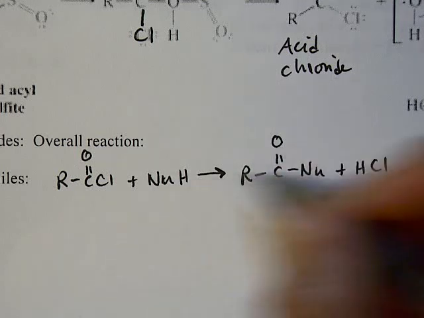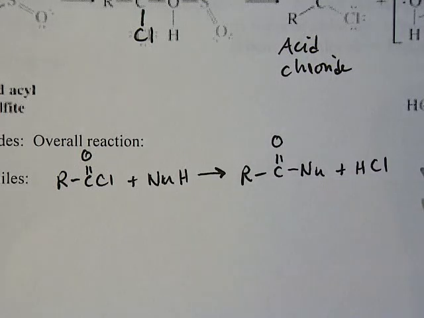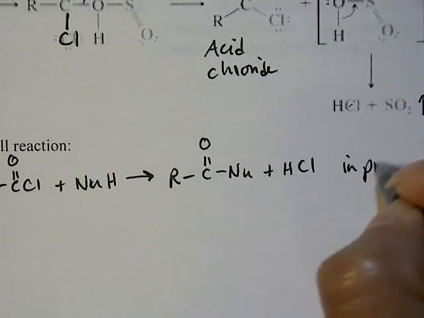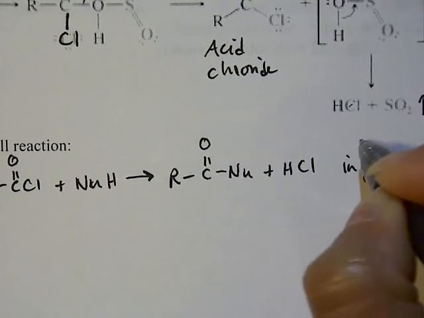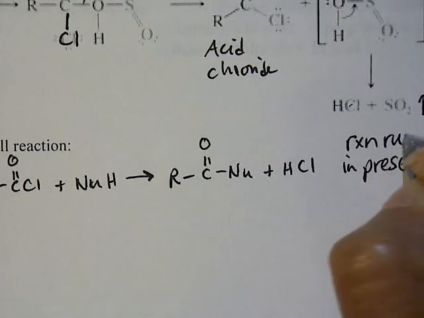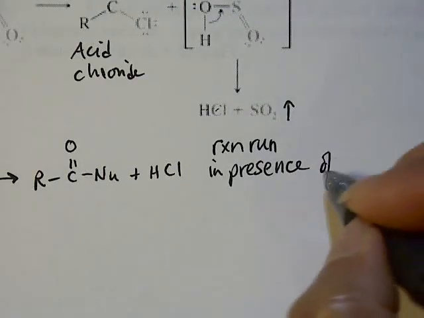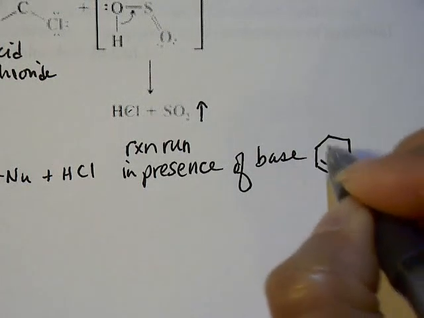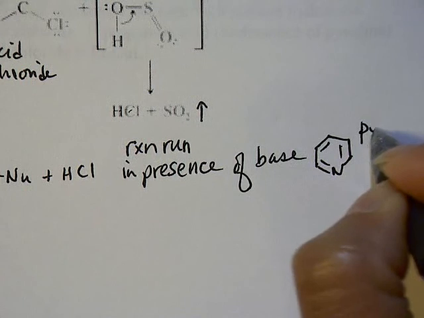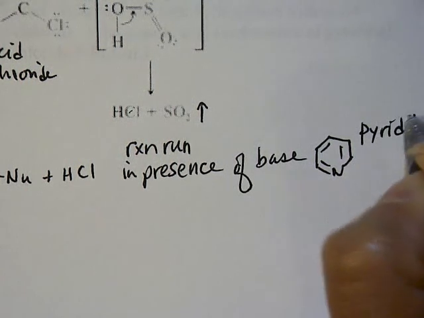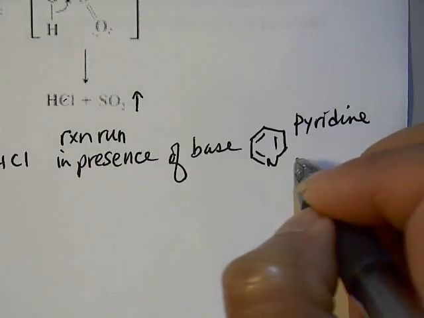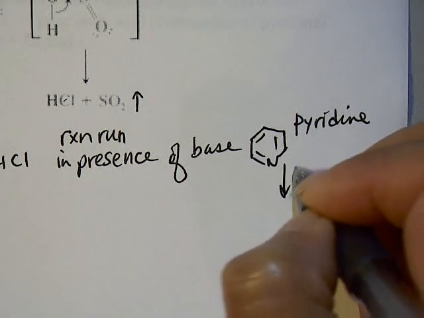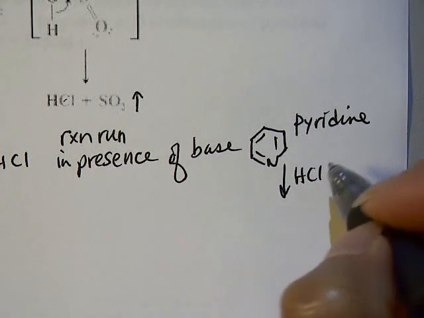So a lot of times the reaction is run in the presence of a base, and the base usually is a pyridine, which has this structure. So it's a very mild base, and its job is to basically react with the HCl.